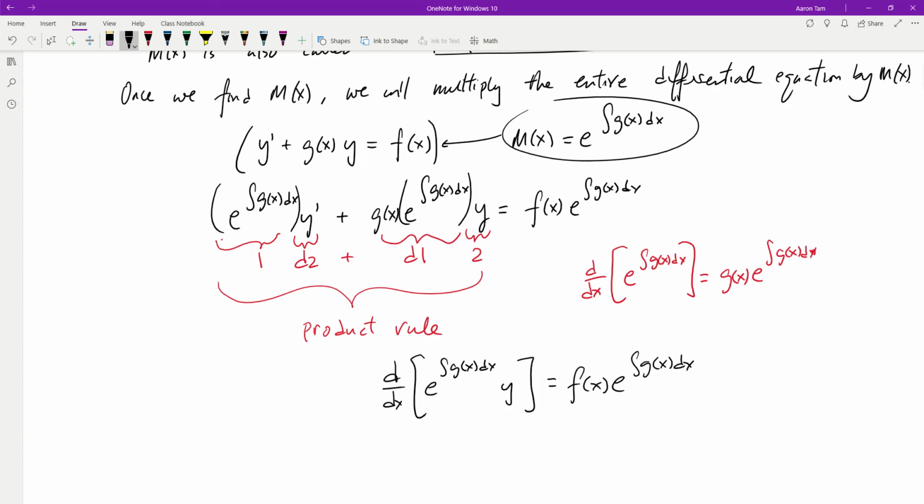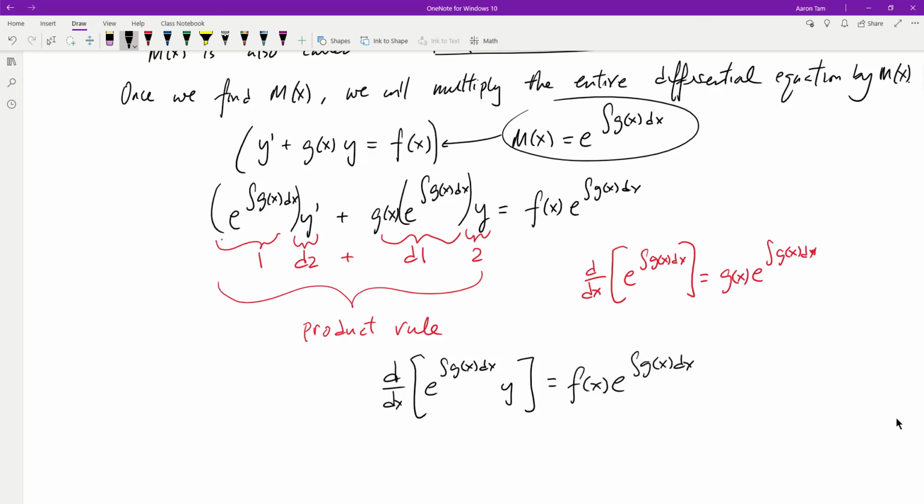Now, of course, the idea here is that once you get to this point, you hopefully can solve for y by integrating whatever is on this side of the equation, and then somehow divide out the exponential multiplier. So let me show you in an actual problem how that works out.